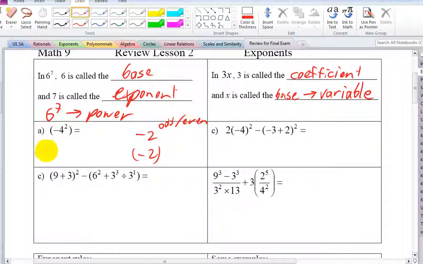Odd exponents like this, cubed, means I'm going to get a negative answer. But if I have an even exponent like 4, then I'll get a positive answer. So what I'm saying is, be careful with your calculators, you calculator junkies. All right? You want to make sure you know how to use a calculator properly and watch your negative signs.